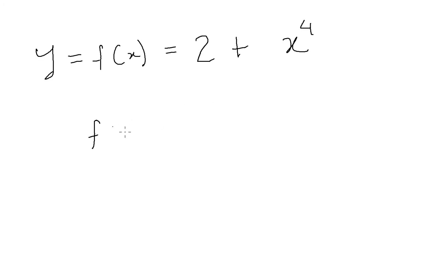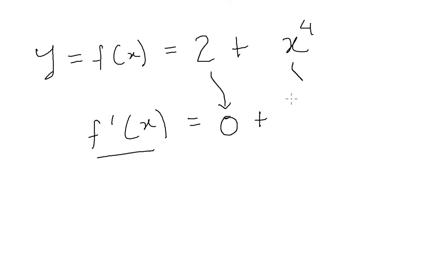So as we just learned, when we want to differentiate this function, when we want to find the derivative, first apply the constant rule here. Since 2 is a constant, there are no variables, this should be 0.